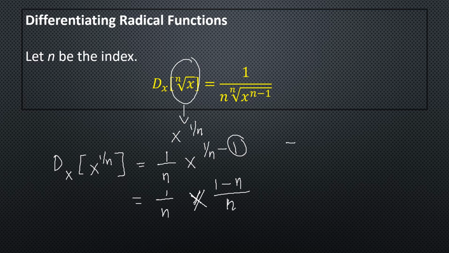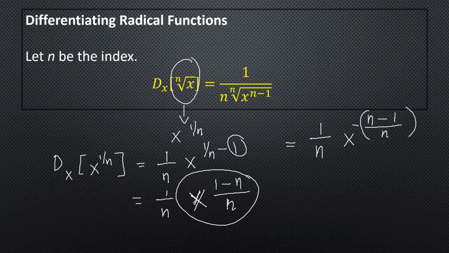So when we bring it down, we have 1 over n, or we rewrite it as x raised to n minus 1 over n, and then this is negated. Okay? Because if we multiply this by negative 1 times negative 1, then n can switch places in the numerator, from negative n to positive n minus 1.